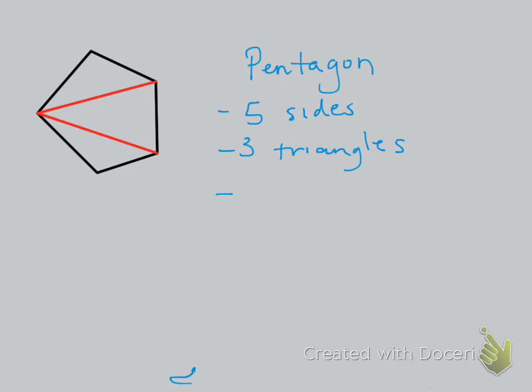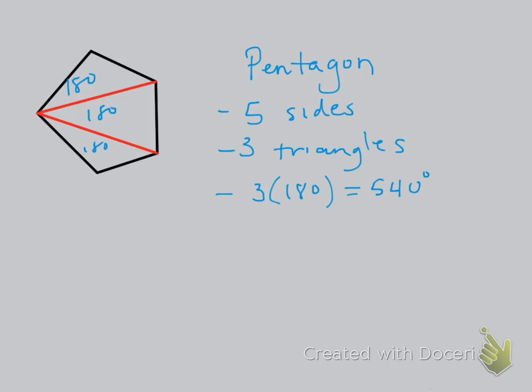This is 180, and this is 180, and this is 180. You have 3 times 180, and that's going to equal 540 degrees. So the sum of the angles in a pentagon is 540 degrees.